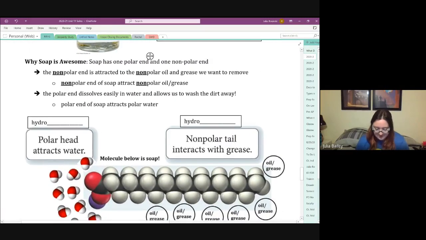Why soap is awesome is because soap has one polar end and one non-polar end. So soap can dissolve all kinds of stuff because the non-polar end will be attracted to all your non-polar oils and greases that you want to remove.